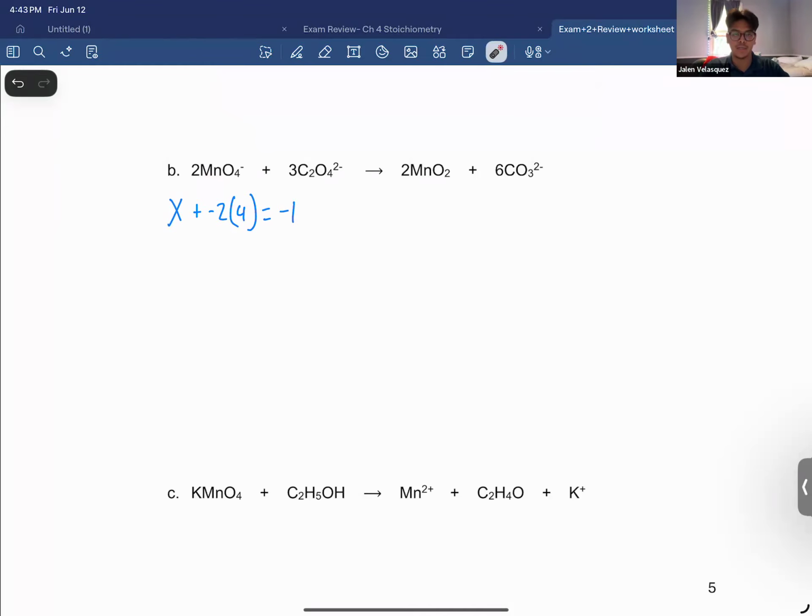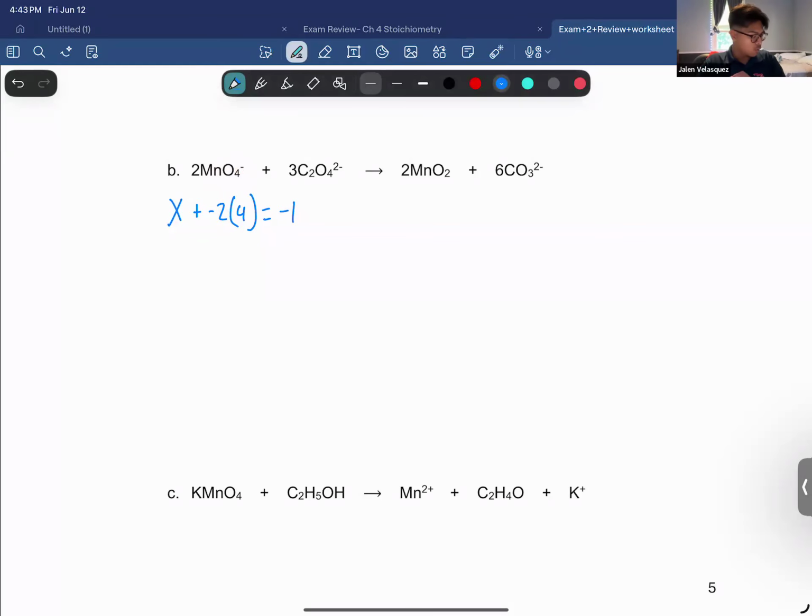Again, because the sum of the oxidation numbers has to equal your overall charge, right? So we just do a little bit of math here, right? So we end up with X plus -8 is equal to -1. Bring the 8 to the other side, and X is equal to +7. So manganese is +7, oxygen is -2 times 4.